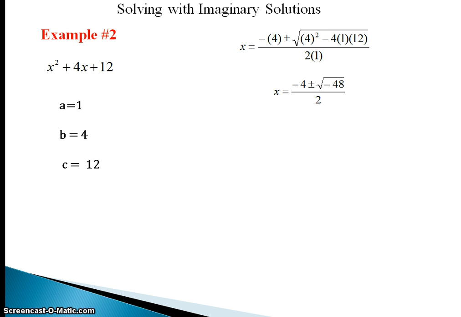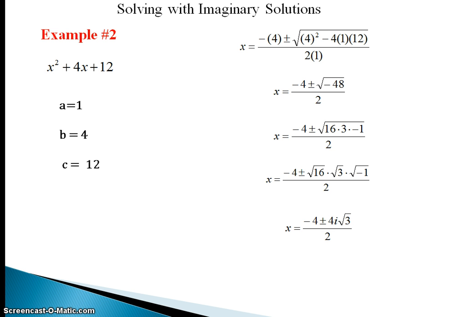I'm going to simplify that square root of -48 by factoring -48 and looking for the largest perfect square and factoring out the -1. And then I'm going to break that up into 3 radicals and simplify the square root of 16, which is 4. I can't simplify the square root of 3 anymore, and I'm going to simplify the square root of -1 to be an i and move that in front of the radical.